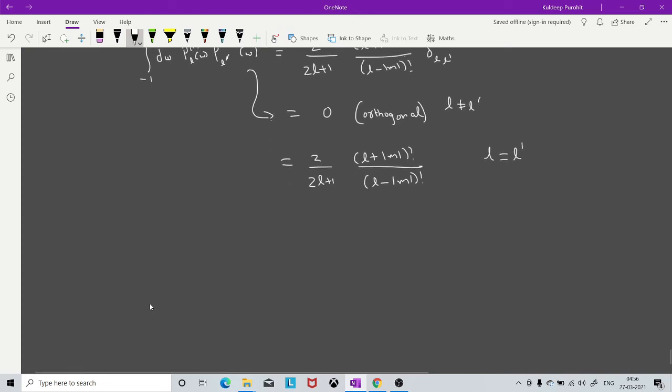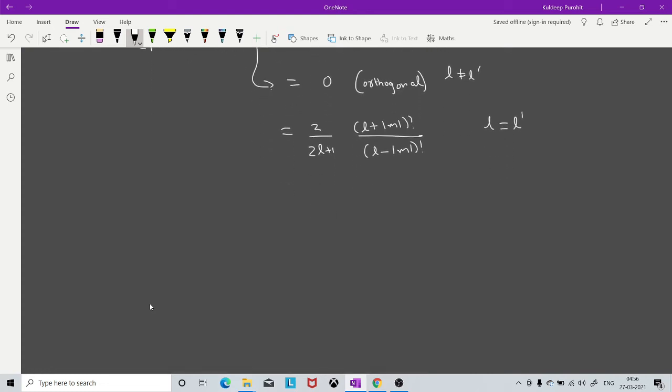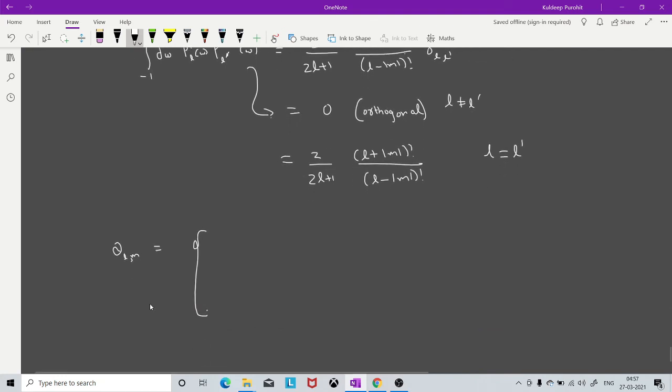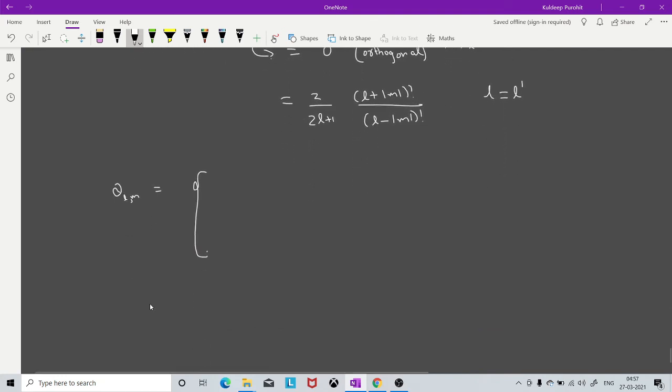I will write the solutions as Theta L m, or L comma m, equal to, and I will multiply the associated Legendre polynomial P_L m with the normalization factor, so that this becomes a physical solution.